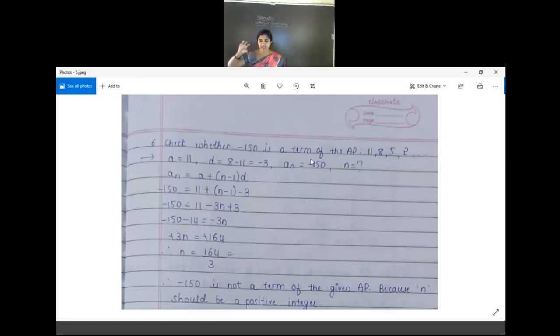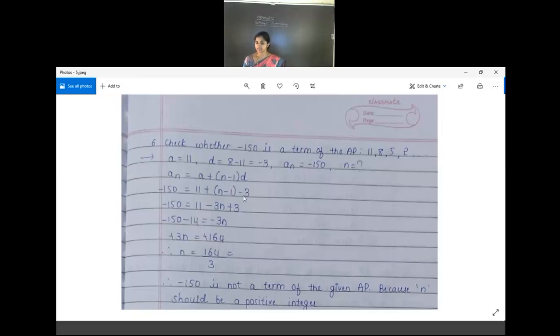If it is really so that an is equal to minus 150, then we'll get n as a positive integer. Okay. Let us check. So n we have to calculate here. An is equal to a plus n minus 1 into d. Then an is minus 150, which is equal to a value 11, plus n minus 1 into d, which is minus 3.